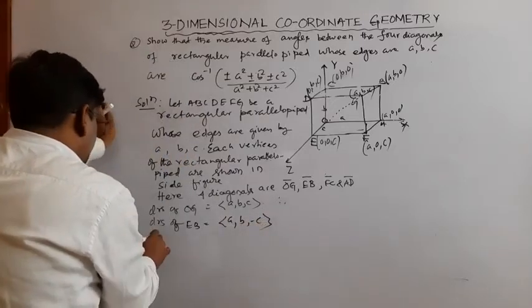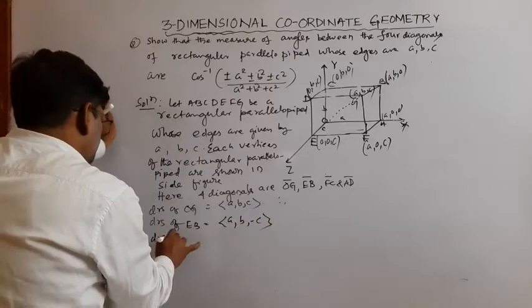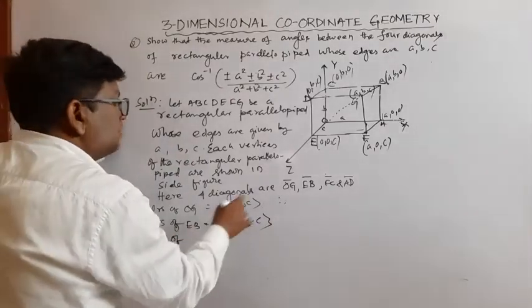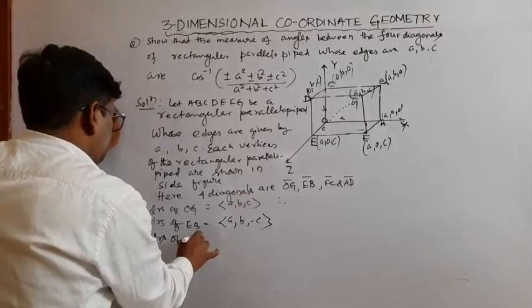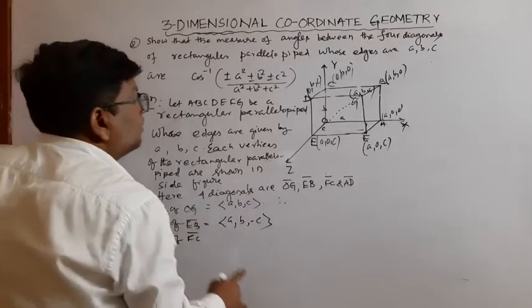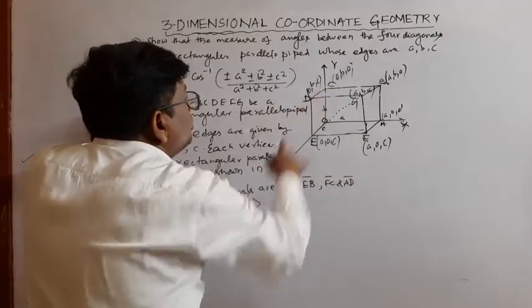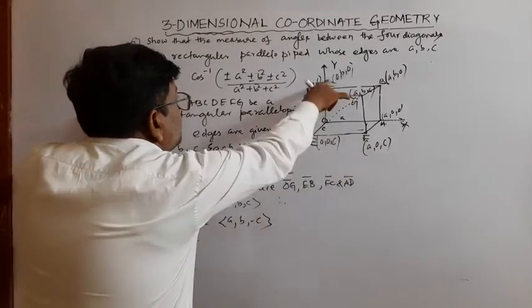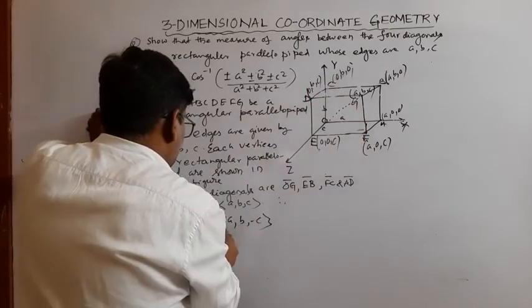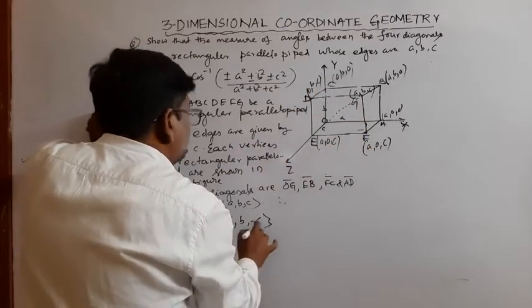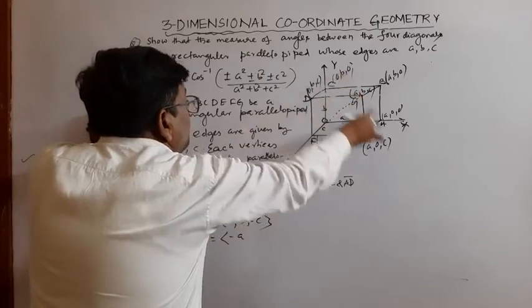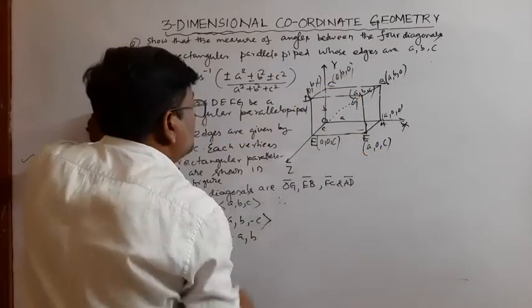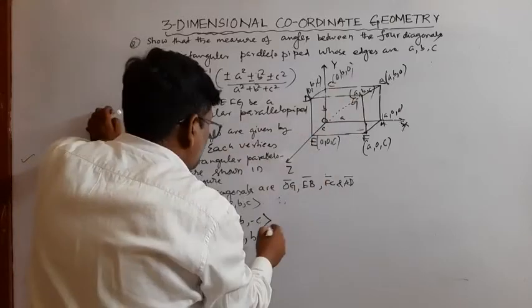Now DRs of FC is C minus F: 0 minus a is minus a, b minus 0 is b, and 0 minus c.